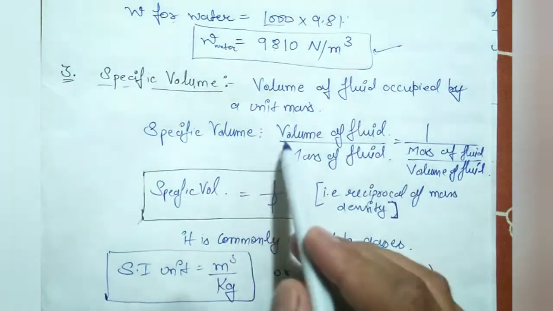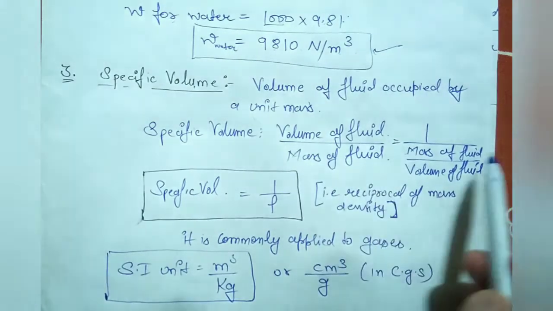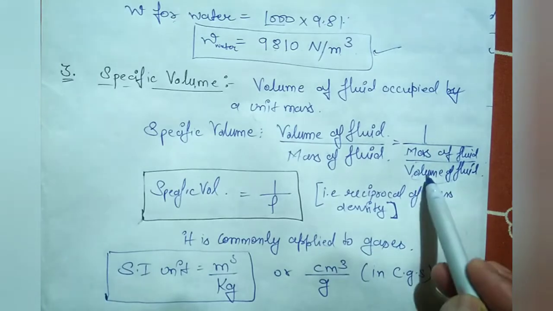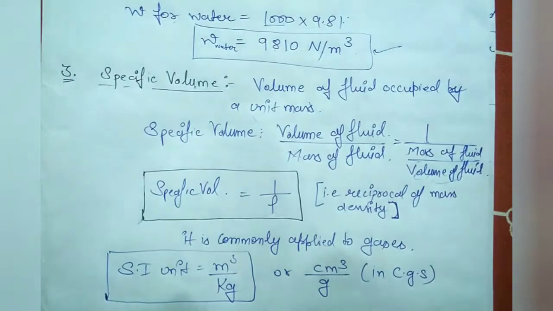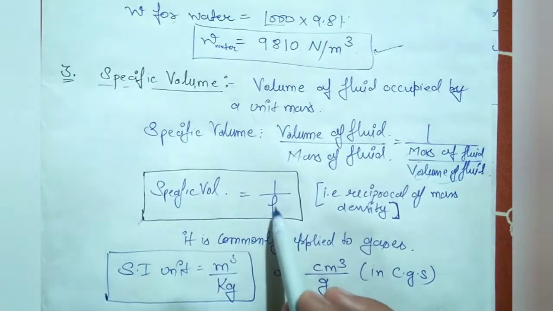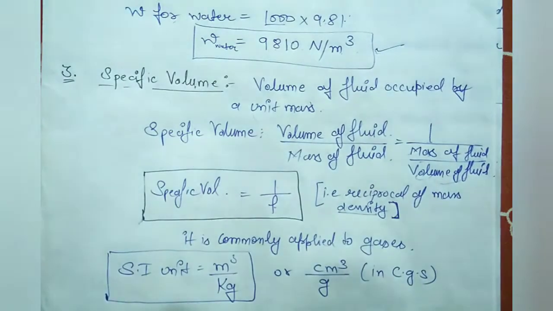So specific volume is the volume of the fluid to the mass of the fluid. So we can rewrite it like this: 1 over mass of the fluid divided by volume of the fluid. So specific volume we can write here 1 over rho, or it is the reciprocal of your density, okay.